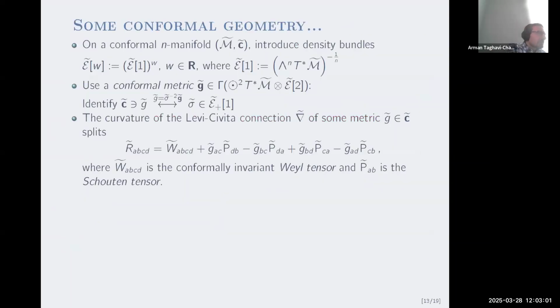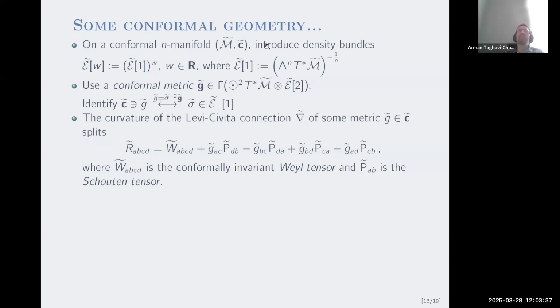Okay, so maybe I should go a bit faster. You might be familiar with a lot of conformal geometry. So actually, it's easier to start from conformal geometry and then describe CR geometry. But in this case, I will tell you that conformal geometry is like CR geometry. So instead of considering a conformal class of contact forms together with a complex bundle structure, you consider a conformal class of metrics.